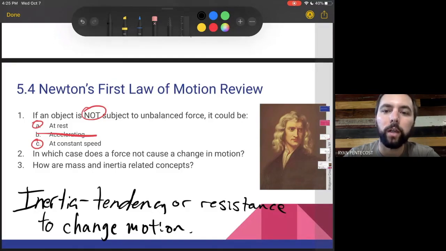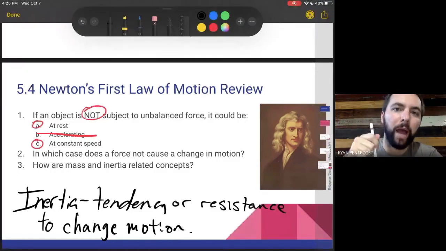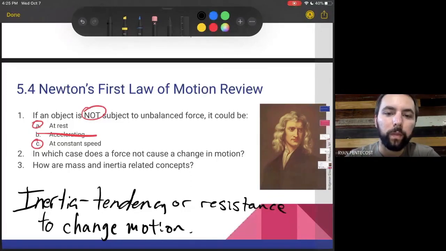All motion in Earth's gravitational field will have a downward force trying to bring it back. And if you want to go up, you've got to beat that force. And you can do so with inertia, right? So more mass will equal more inertia.